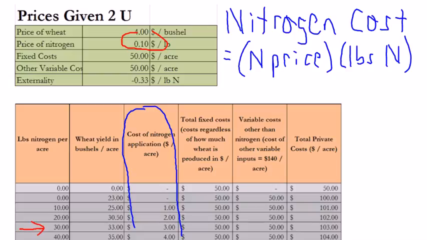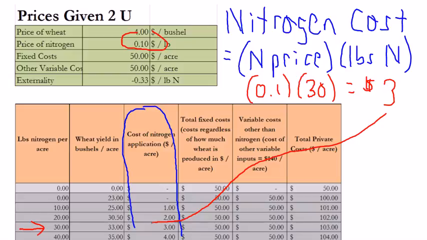The nitrogen price is 10 cents per pound, and the pounds of nitrogen that we're applying are 30. And so our nitrogen costs are just $3 per acre. That's where this number comes from. And if you do that for all the different levels of nitrogen that you can apply, you get these numbers.